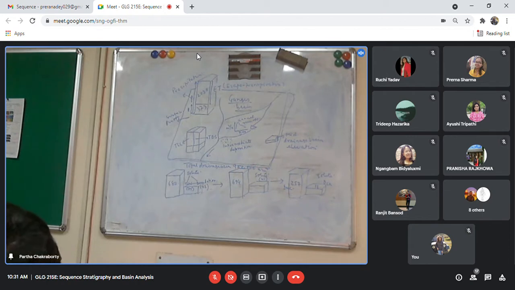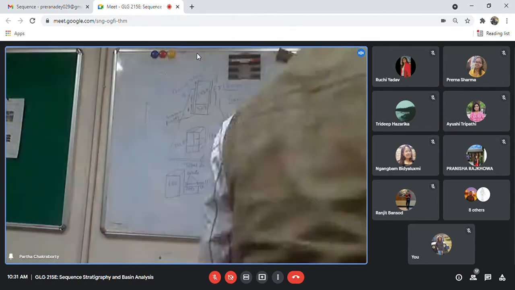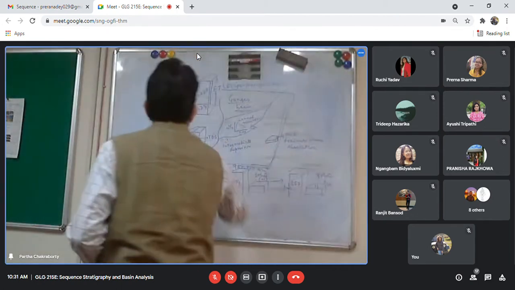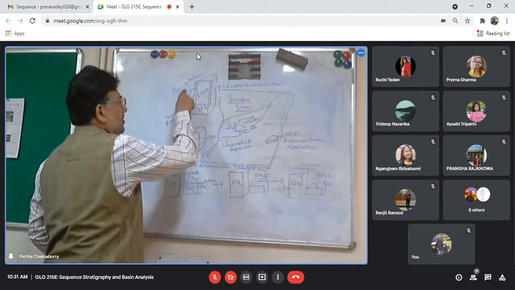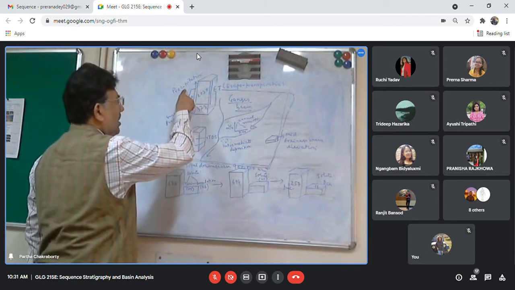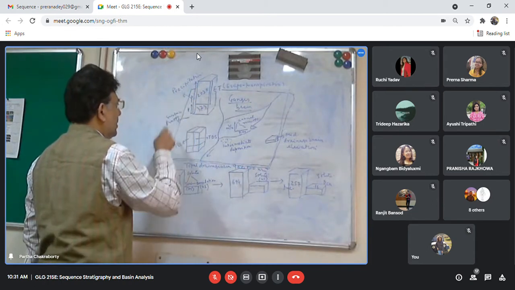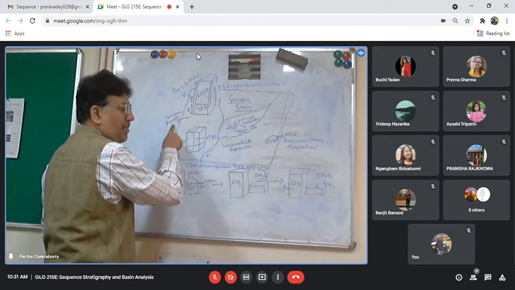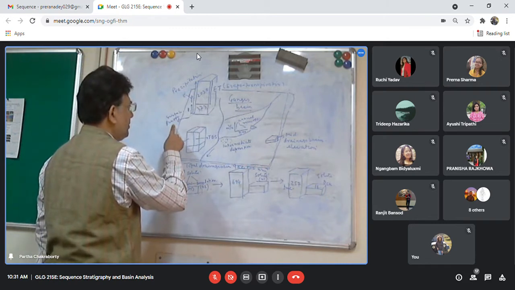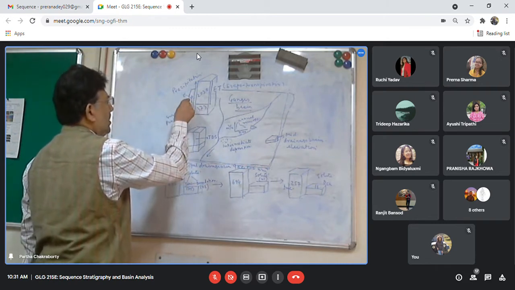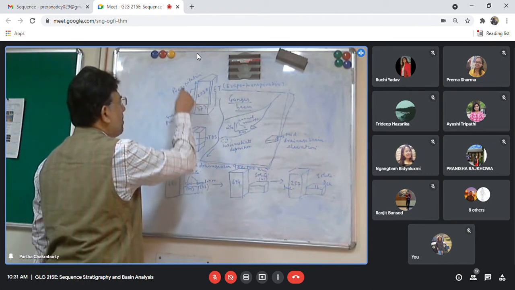Have you drawn it? Yes, sir. Okay. So I am now reading it out. This is precipitation. This is surface runoff. Here it is P, for precipitation.